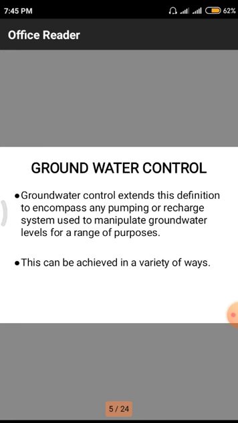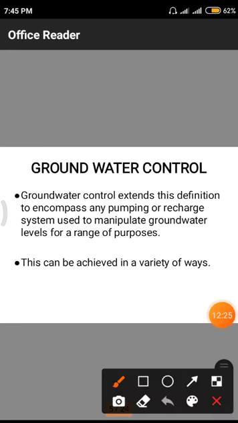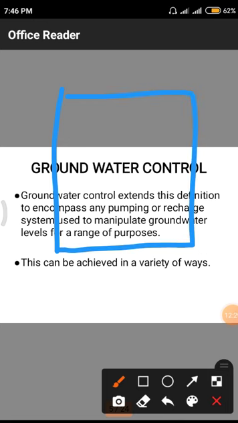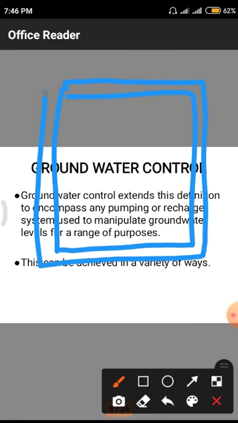Periphery I will show with the diagram. This is the normal construction site that we have, and around this construction site we need to construct a particular layer of some thickness, so that this layer helps us control the groundwater flow from the surrounding soil into this soil.